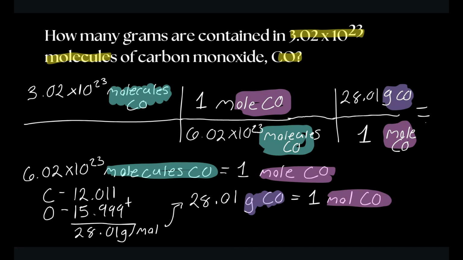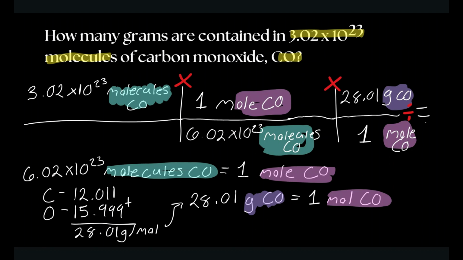We are going to multiply the top and divide by the bottom. We are going to get 3.02 times 10 to the 23rd times 28.01 divided by 6.02 times 10 to the 23rd.